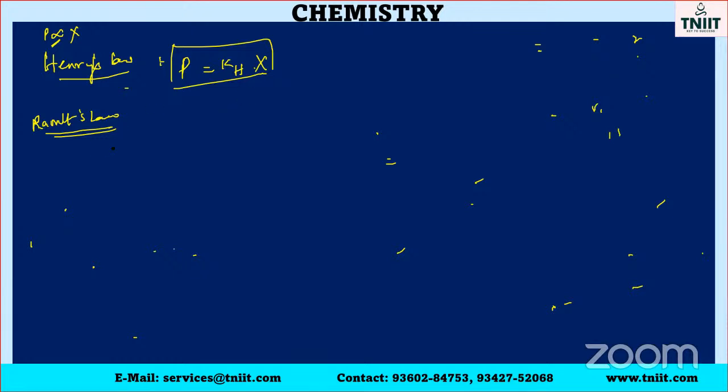Now we can write mathematically the Raoult's law for a binary solution as vapor pressure of each liquid in a solution will be equal to mole fraction into the vapor pressure of a pure component, P naught.